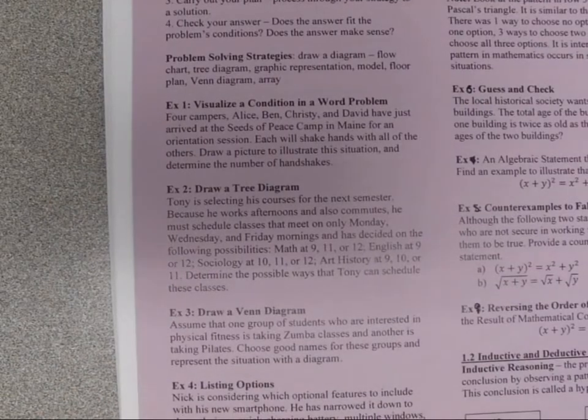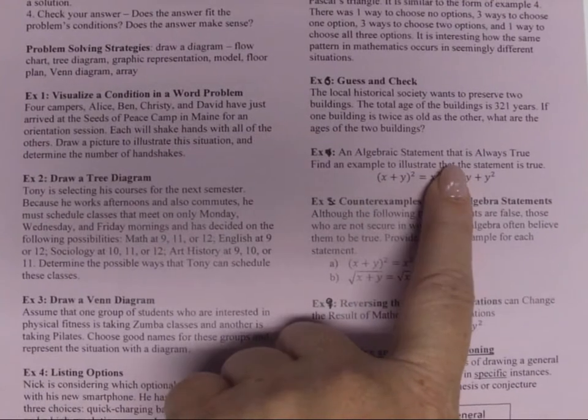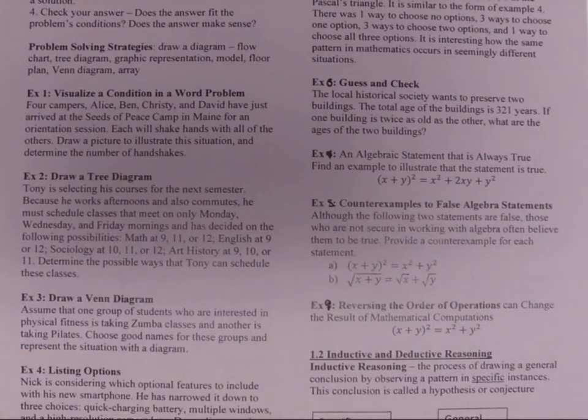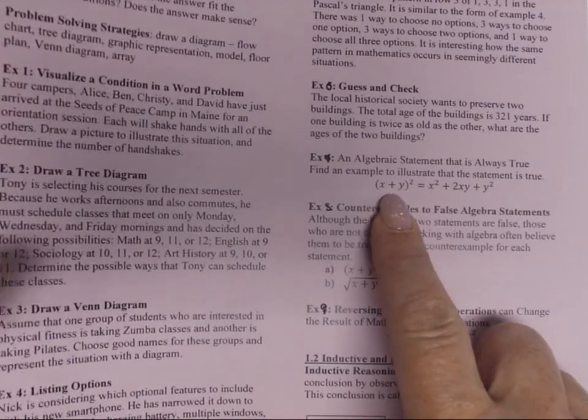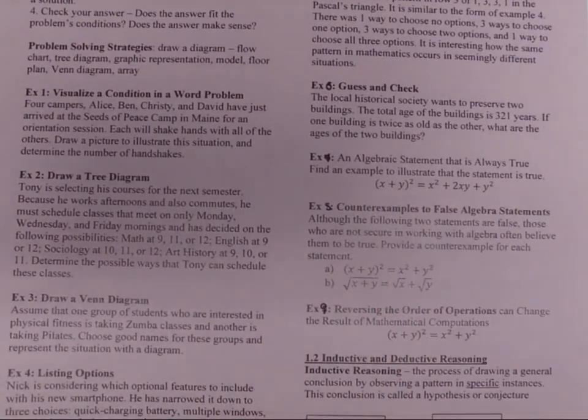On number 7, we have an algebraic statement that is always true. Find an example to illustrate that the statement is true. So we are given this equation here. (x plus y) squared equals x squared plus 2xy plus y squared.